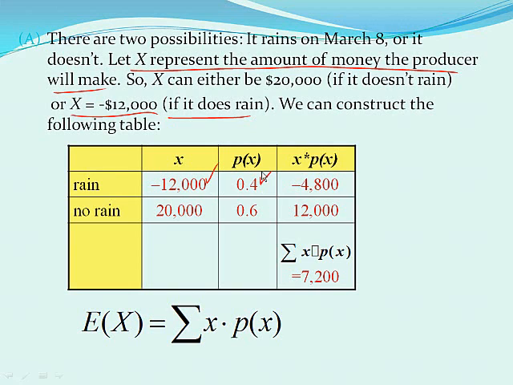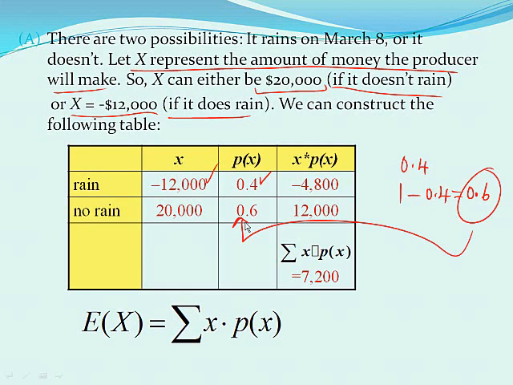In the other case, if it does not rain, the producer will make a profit of $20,000. So the value of x will be 20,000 with a probability corresponding to no rain, which is 0.6. So if the probability of rain is 0.4, the probability of no rain will be the complement, which is 1 minus 0.4 equal to 0.6.